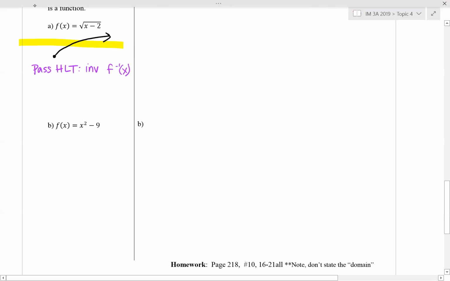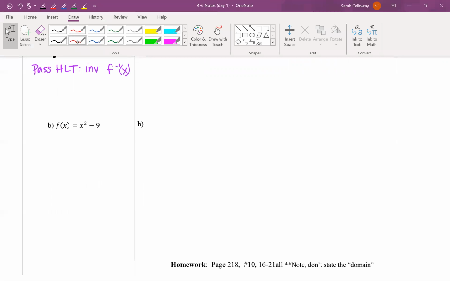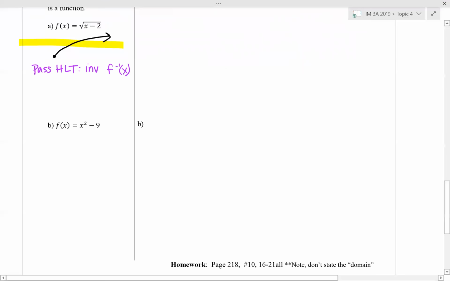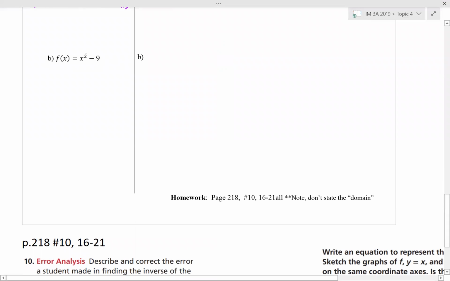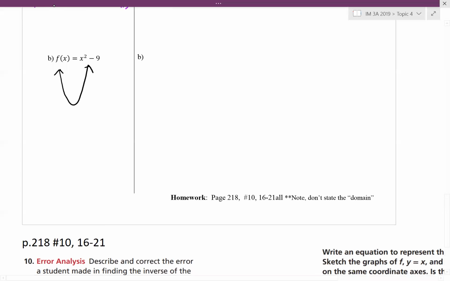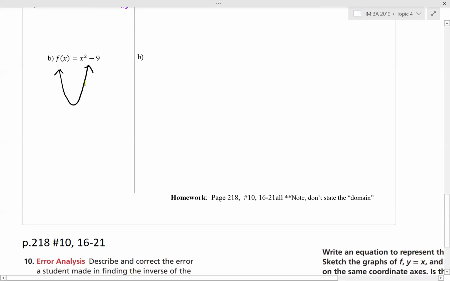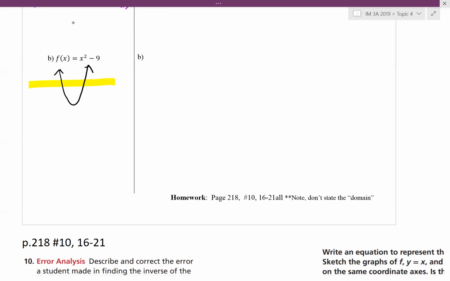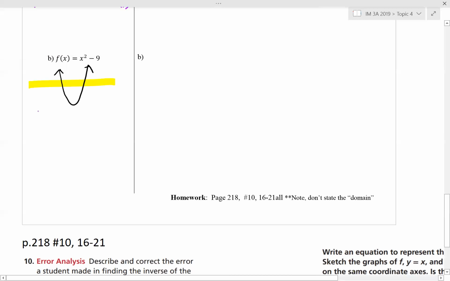If I think about the graph for the second part of example 3, if I have x squared minus 9, that's a parabola, which was the one in the example that failed. So notice that this fails the horizontal line test, which tells us that the inverse is going to be a y equals equation.